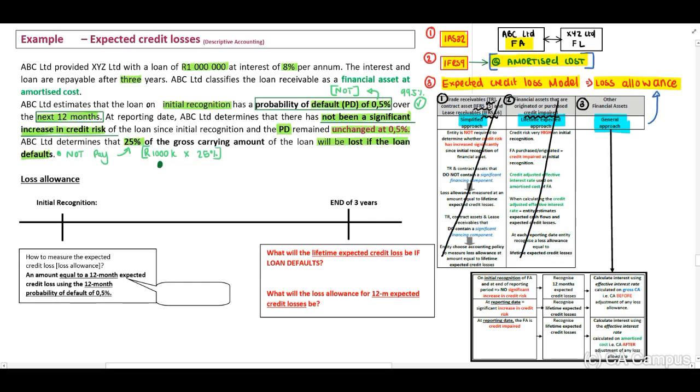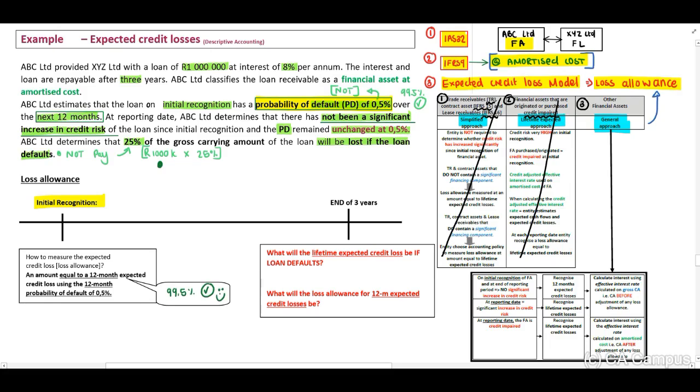Now, on initial recognition, how do we measure the expected credit loss allowance? They've indicated to us that the probability is 0.5%. Therefore, guys, the probability that they will pay is 99.5%, which is actually pretty good.